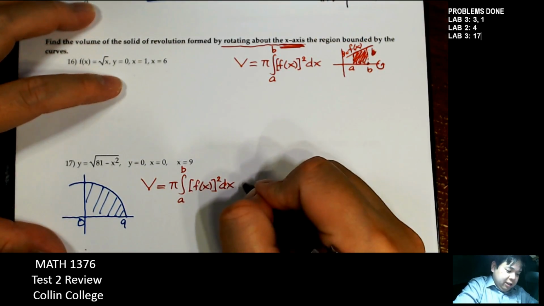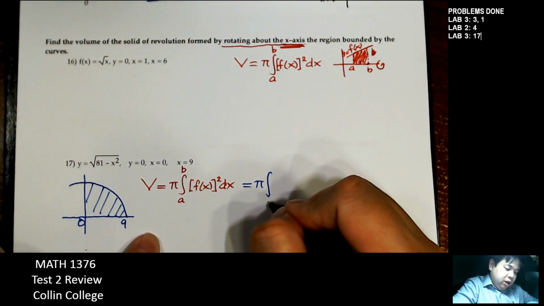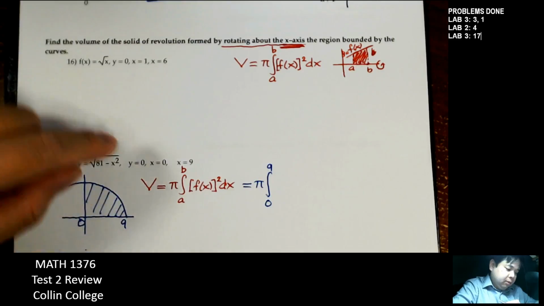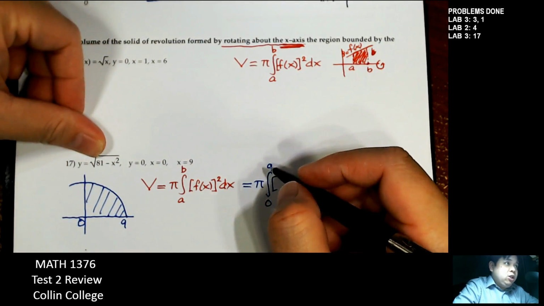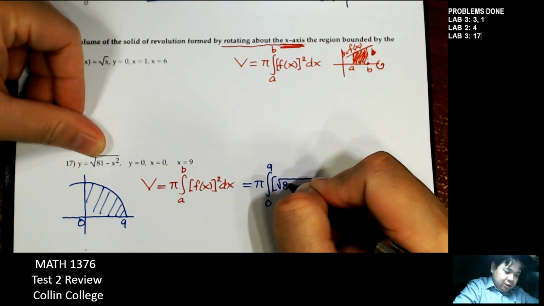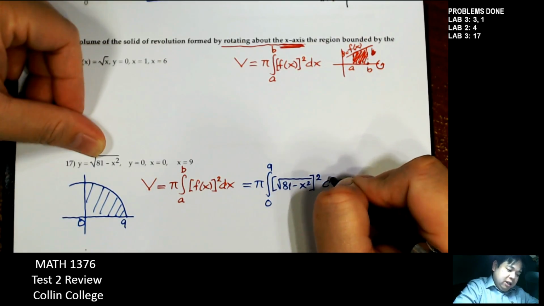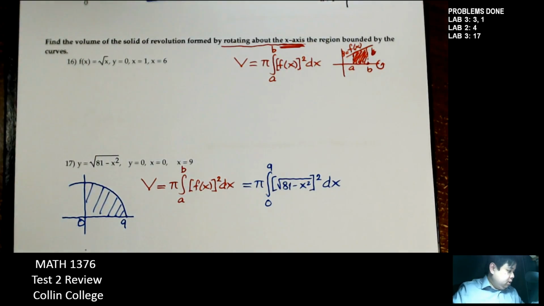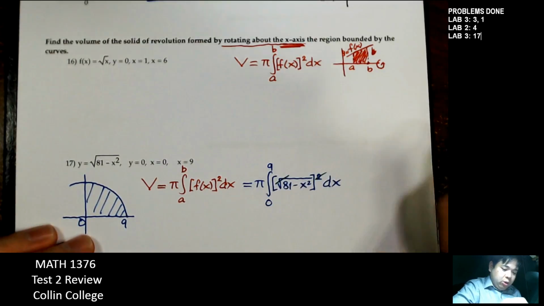So we will have pi times the integral from 0 to 9, and the function is the square root of 81 minus x squared, squared, dx. The square cancels the square root.